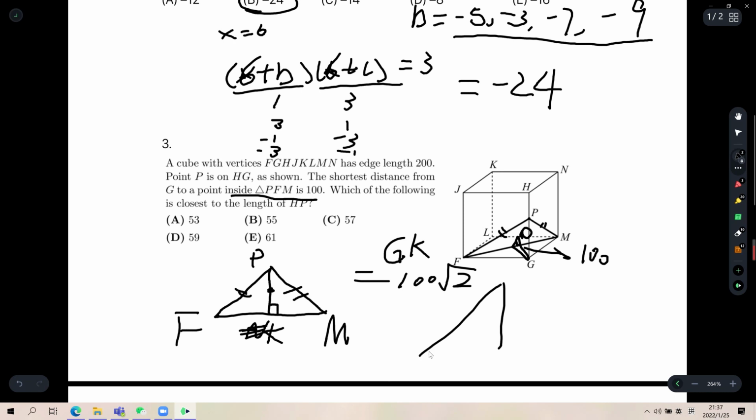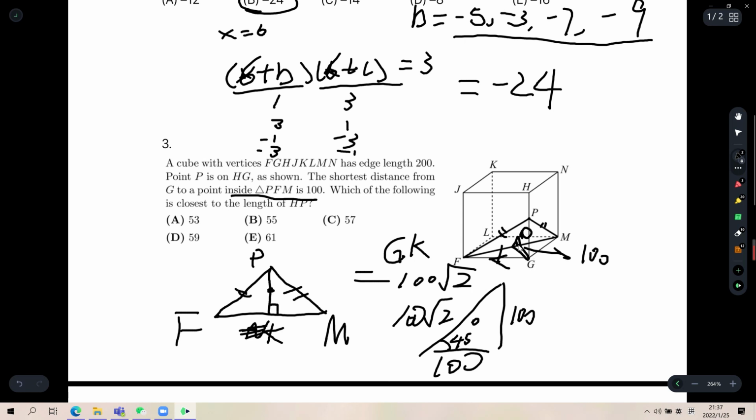And this triangle has a side of 100 square root of 2, and we can easily know that the other side is also 100. So the degree of this angle is 45. And now we know that the angle GKP, or GKO, is 45 degrees.